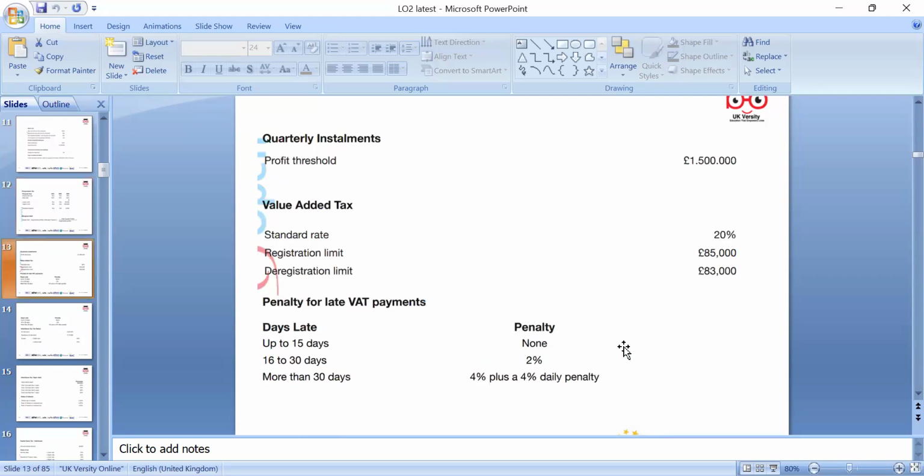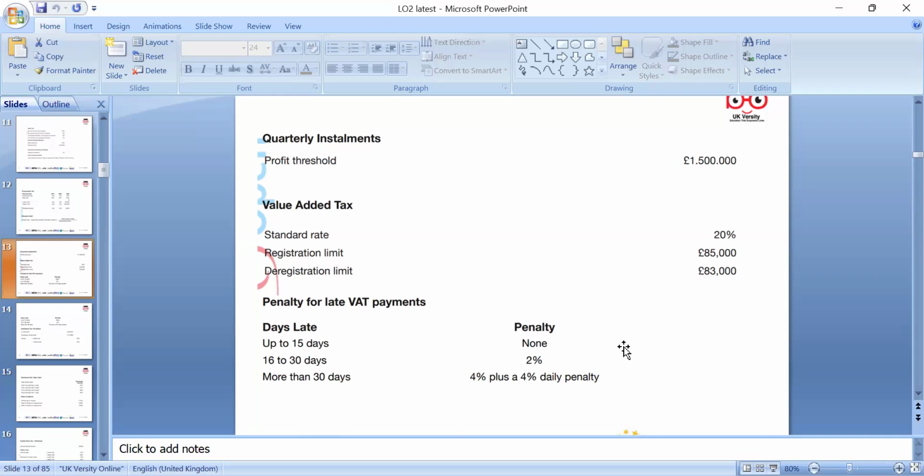That's the formula we use, with the threshold and quarterly instalments. Value added tax, VAT, is 20% standard rate. If your turnover is 85 or more, registration becomes compulsory.